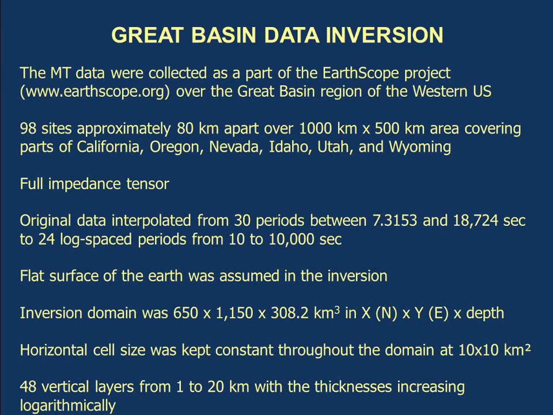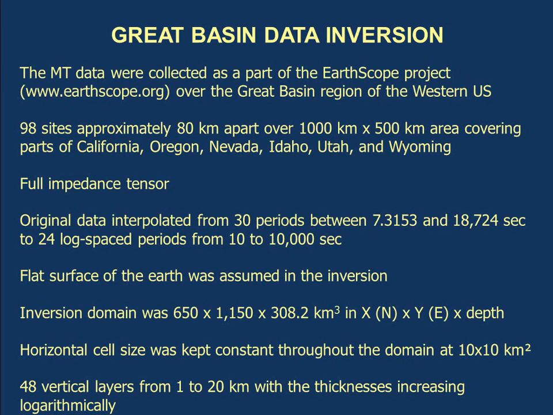We assume flat surface, and I forgot to mention that this distortion can also account for topography, because small topography anomalies can be considered as near surface conductivity perturbations. Of course, it depends on the size and the scale of your inversion.